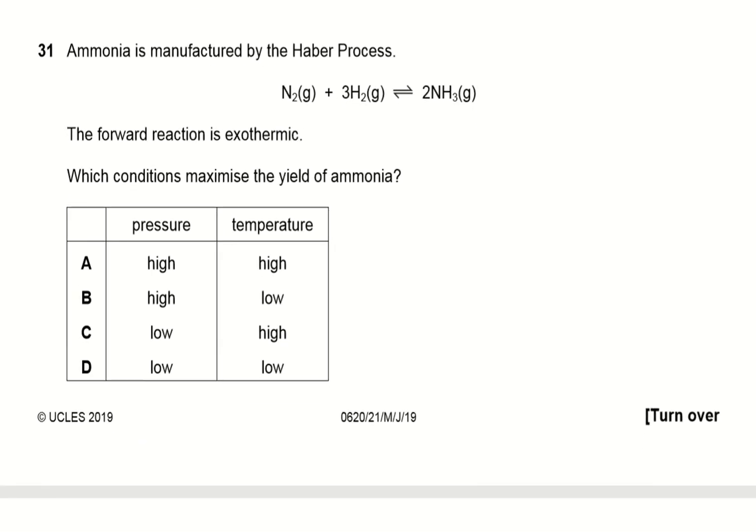Question 31. Ammonia is manufactured by the Haber process. The forward reaction is exothermic. Which condition maximizes the yield of ammonia? So there are two things here: pressure and temperature. Now, an exothermic reaction is favored by a decrease in temperature.